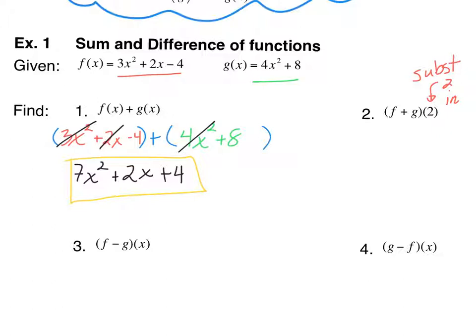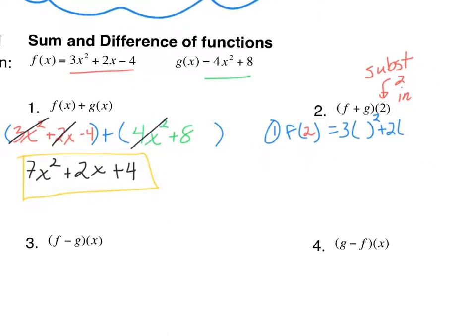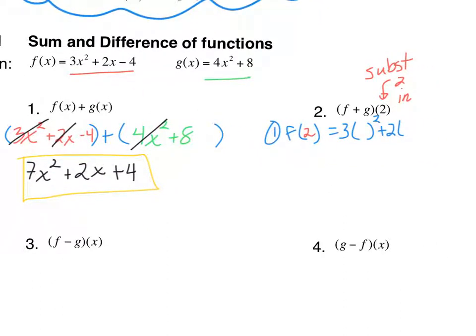So if this were the problem that I had been given originally, I would have done the following instead. I would have found, first and foremost, f of 2. And so my f function is 3x squared plus 2x minus 4.